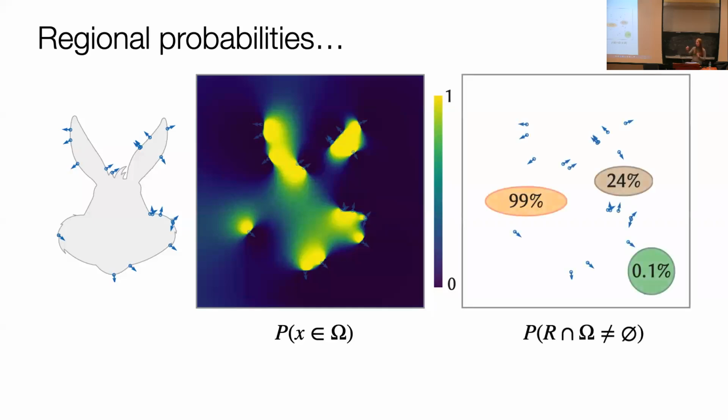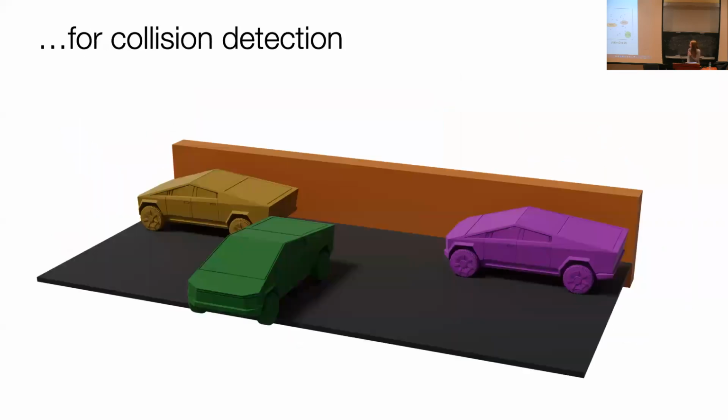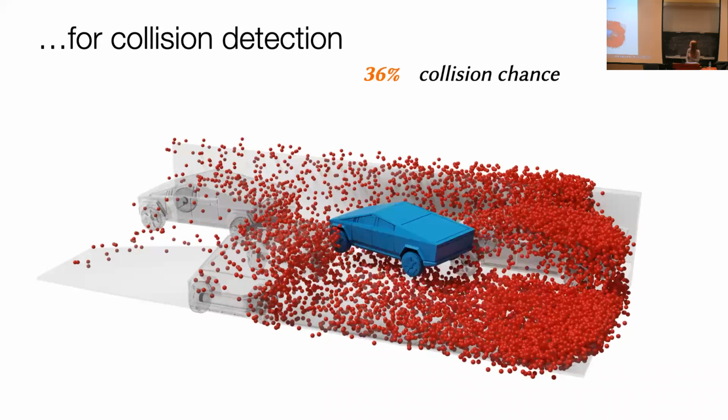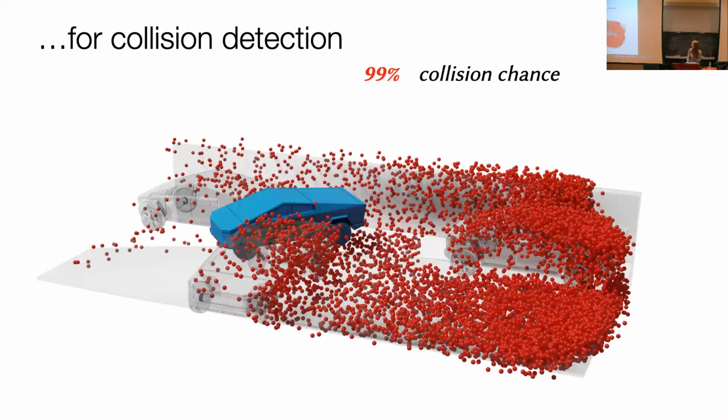So like we draw a whole region in space and we account for the joint probability distribution of that whole area, and we can ask what their probability of intersecting the surface is. And this is exactly what we need for examples like the car one. So I constructed this very realistic street scene, and I placed a car, scanned its surroundings, and it can compute its collision chance along a given path.